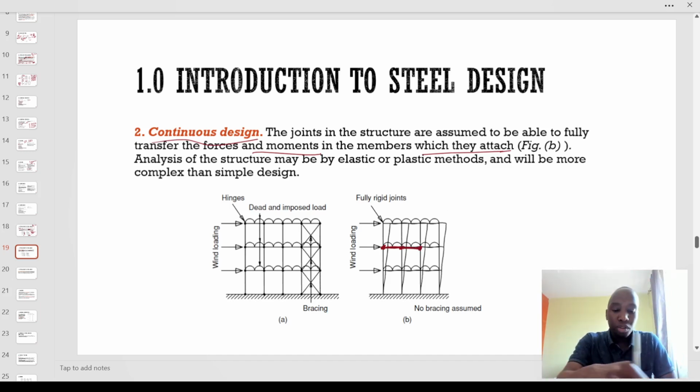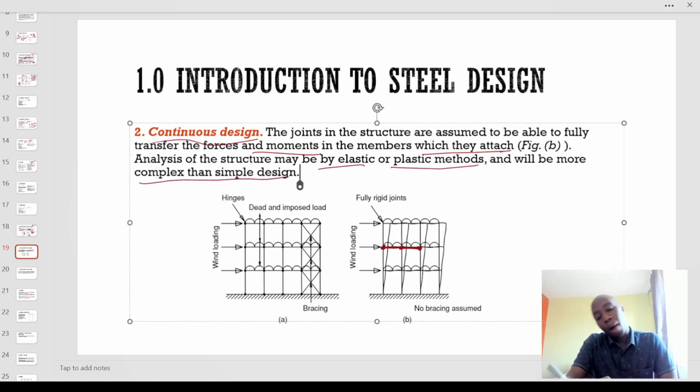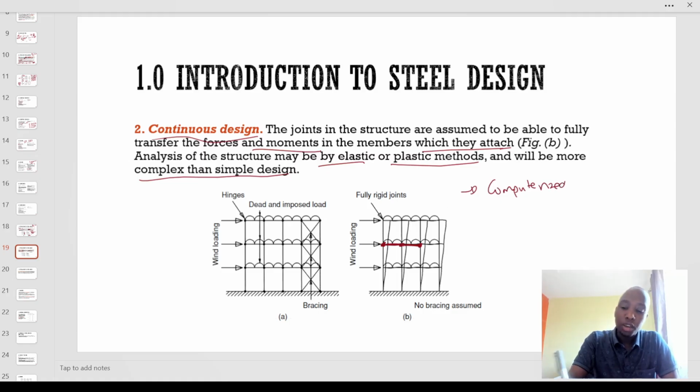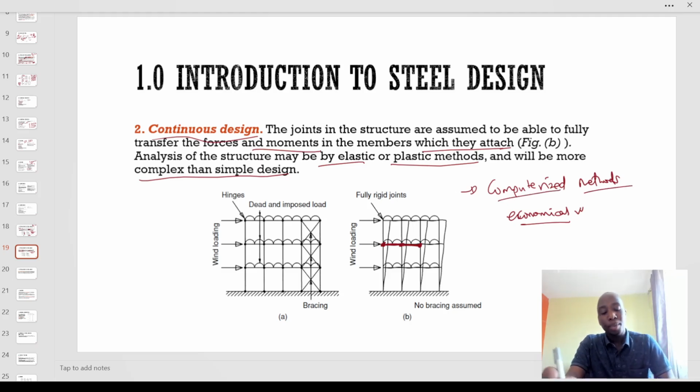Analysis of the structure may be by elastic or plastic methods and will be more complex than simple design. However, now that we have more systemic, more computerized methods, this has been found to be most economical. However, it will require much resources to look at that.